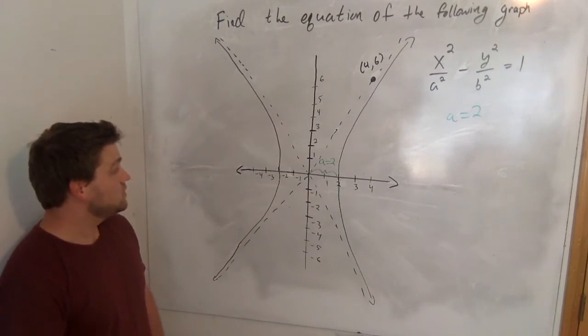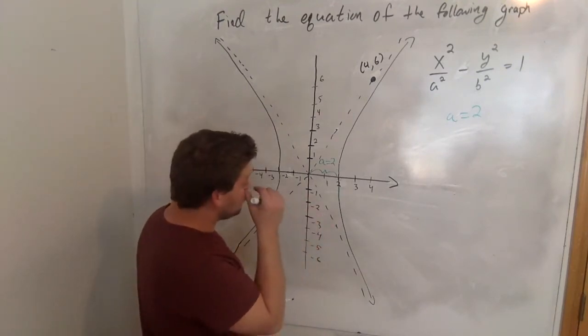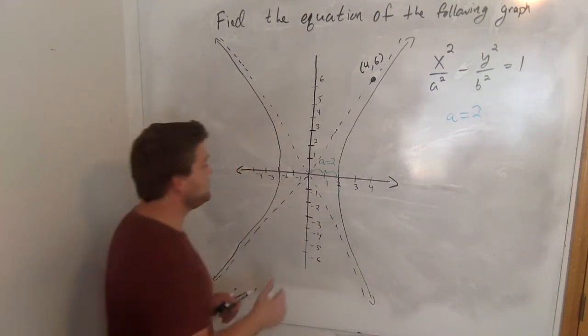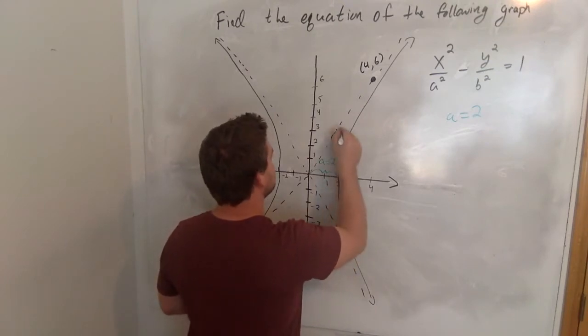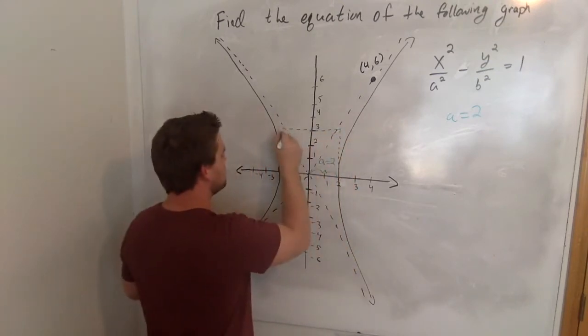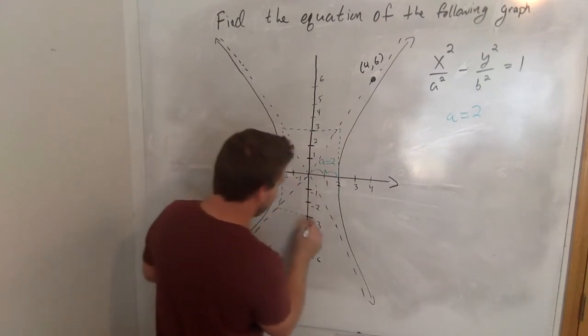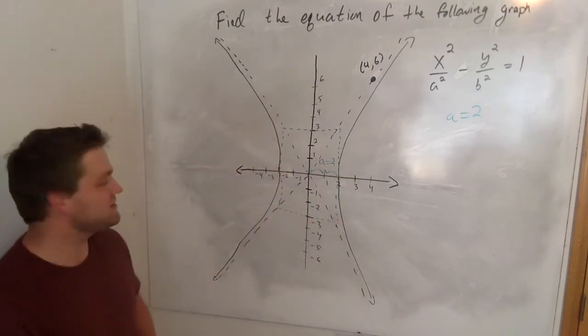What we could do from here, if you were looking at a graph, is try to think about what the central box would be. And while this is a hand-drawn graph, it's of course not perfect, but this would be what I at least intended for the central box to be.